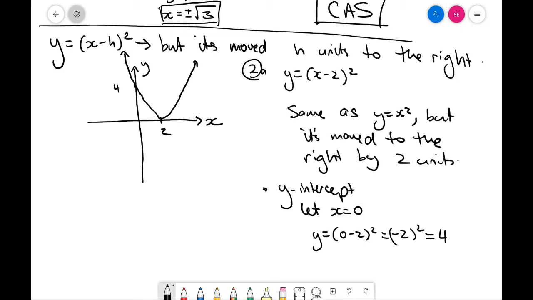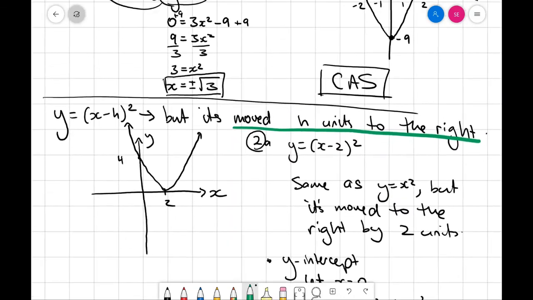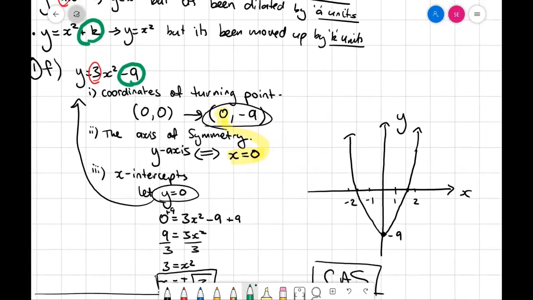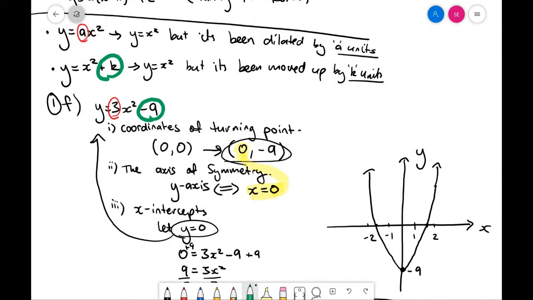Great. Okay, so there are 3 transformations really. So we've got when it's moving left and right. Now remember that it doesn't change the shape of the parabola, it just moves it left and right. Then we've got it moving up and down. Again, that doesn't change the shape, it just moves it up and down. And then we've got it being dilated.